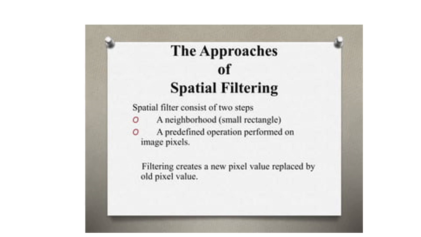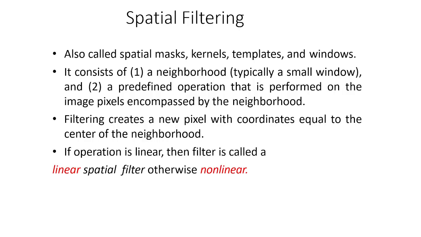So what are the approaches of spatial filtering? It contains two steps. First is a neighborhood, a small rectangle that we form. A filter contains a small rectangle, so the nearest neighbor pixels will also be in that rectangle, and a predefined operation, as I told you now, with some values, is performed with the original intensity values in the image. Filtering creates a new pixel value that replaces the old pixel value.